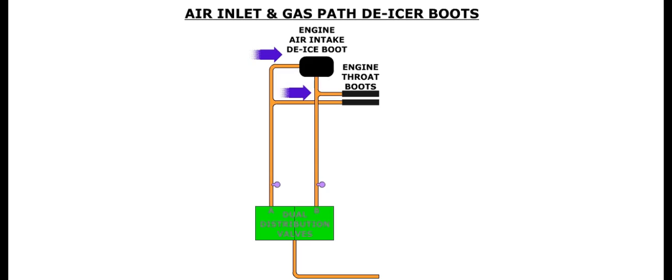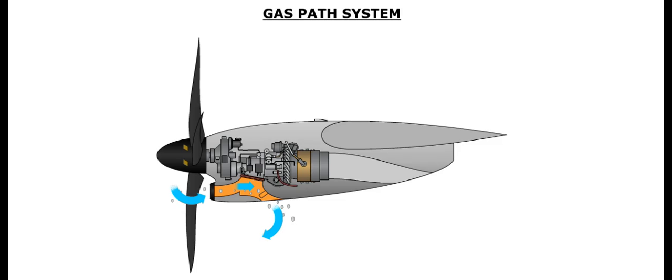Each line then feeds air to the air inlet de-icing boot and the gas path de-icing boot. This last de-icing boot is also known as the throat boot. The gas path system utilizes the inertia of ice contaminants along with an S-shaped duct. This design permits air to flow around the corner of the separator into the engine, whereas the heavier ice particles are ejected overboard.